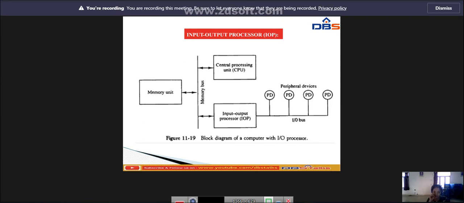Each IOP takes care of input and output.